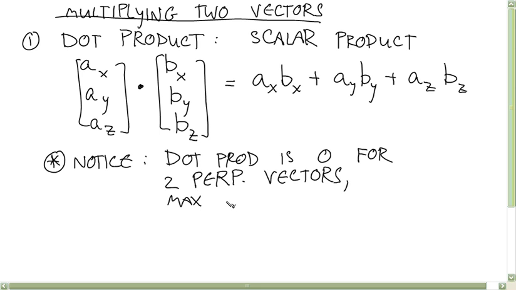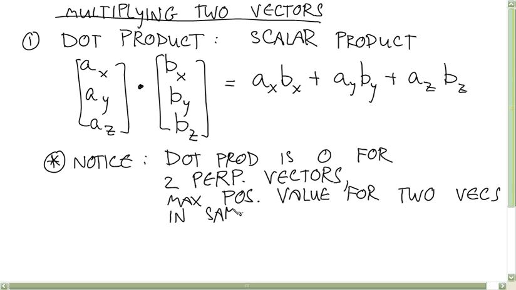It has its maximum positive value for two vectors in the same direction.